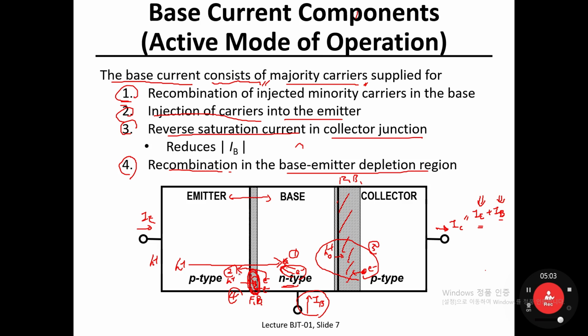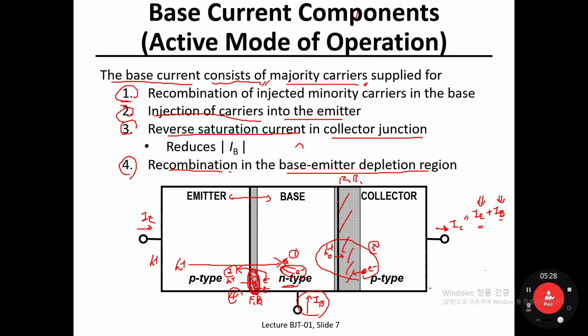So remember that. If you can summarize how many current components are necessary to build up the base current in this slide, then that would be good enough. I guess that as of now you should be well geared up with PN junction diode theory.